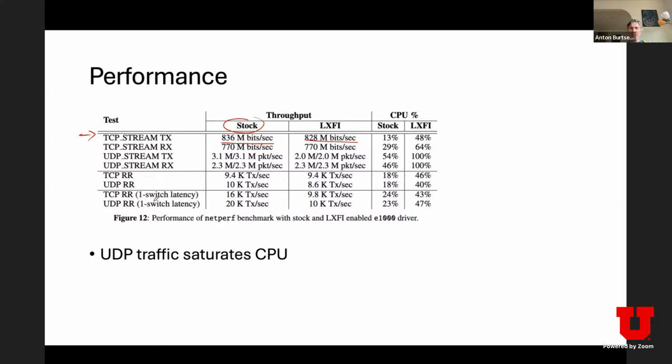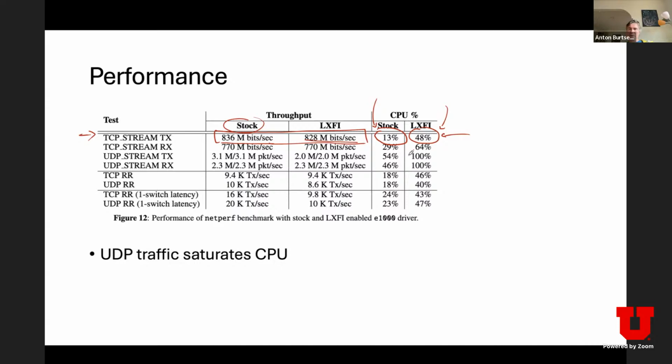However, if we look very carefully, in the original system, this TCP workload introduced only 13% overhead. And inside LXFI, it introduces a much higher CPU overhead, meaning that the CPU does way more computations for those checks, right? And for as long as you don't run out of CPU power, if you have capacity to do more computations, you will be able to almost match the throughput of the original system.